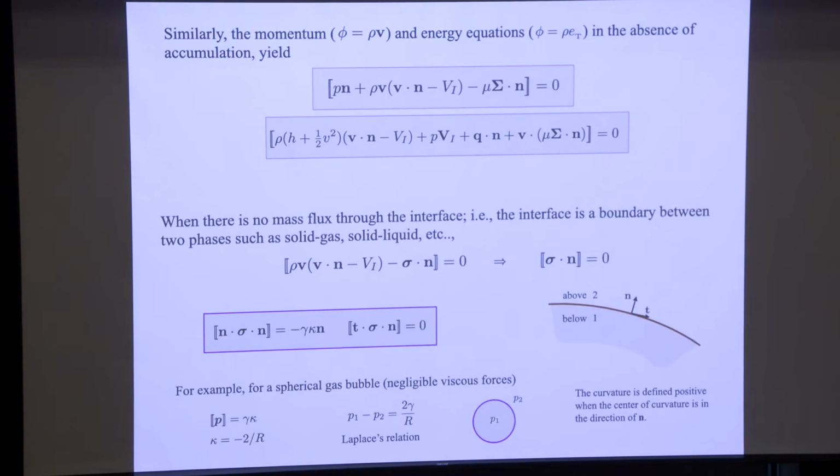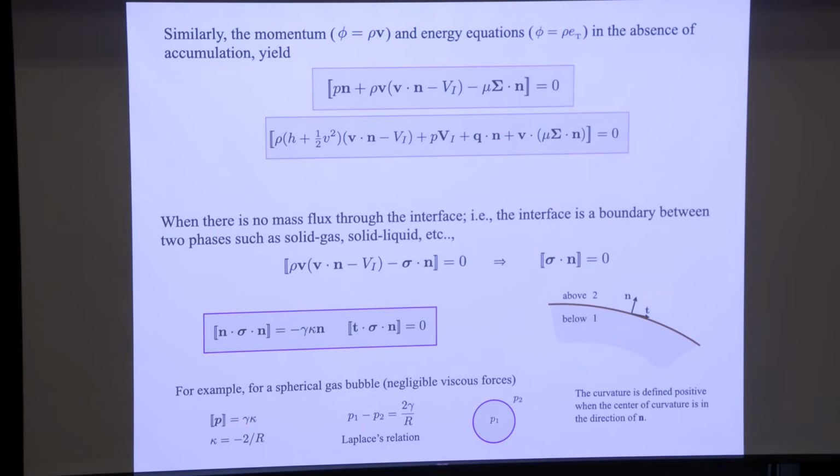Well, I added this one, just to tell you that the same relation also gives you the condition usually across an interface between two fluids, so a solid and a liquid. That's how these relations are derived. For example, if you look at a spherical bubble, then there is no surface shear, so that's 0.